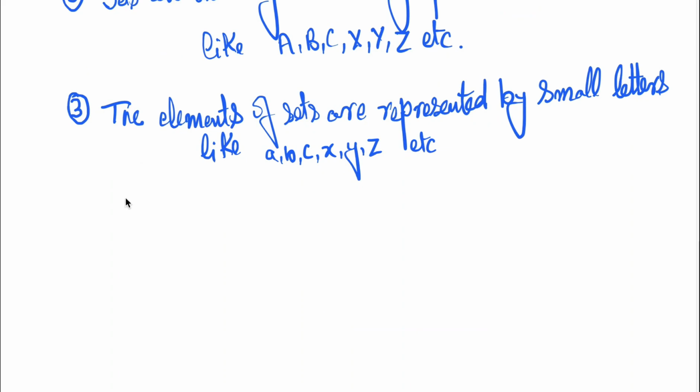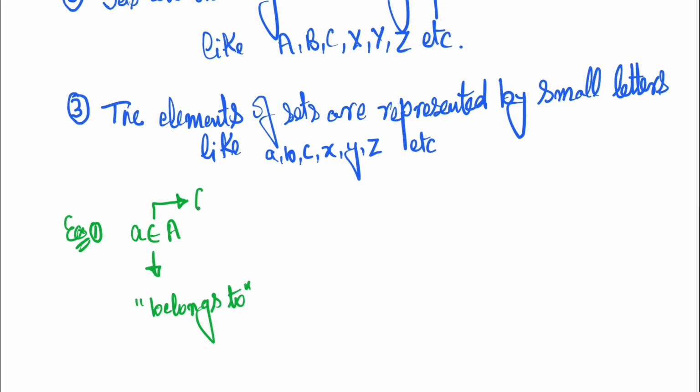Now we are going to see some examples. Example 1: a belongs to A. The symbol epsilon here means "belongs to", and this is a Greek symbol, which we call epsilon.